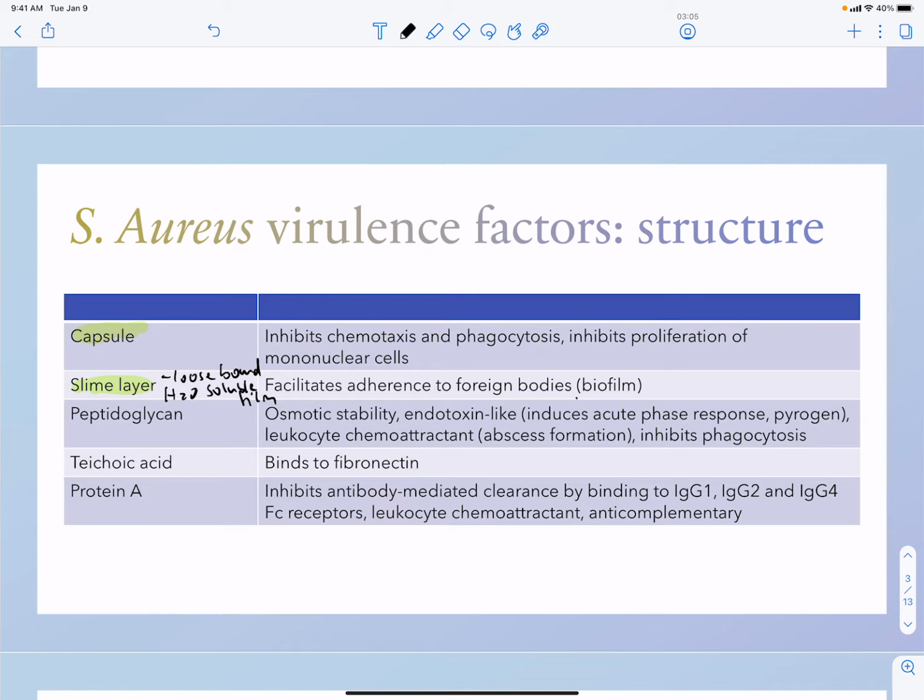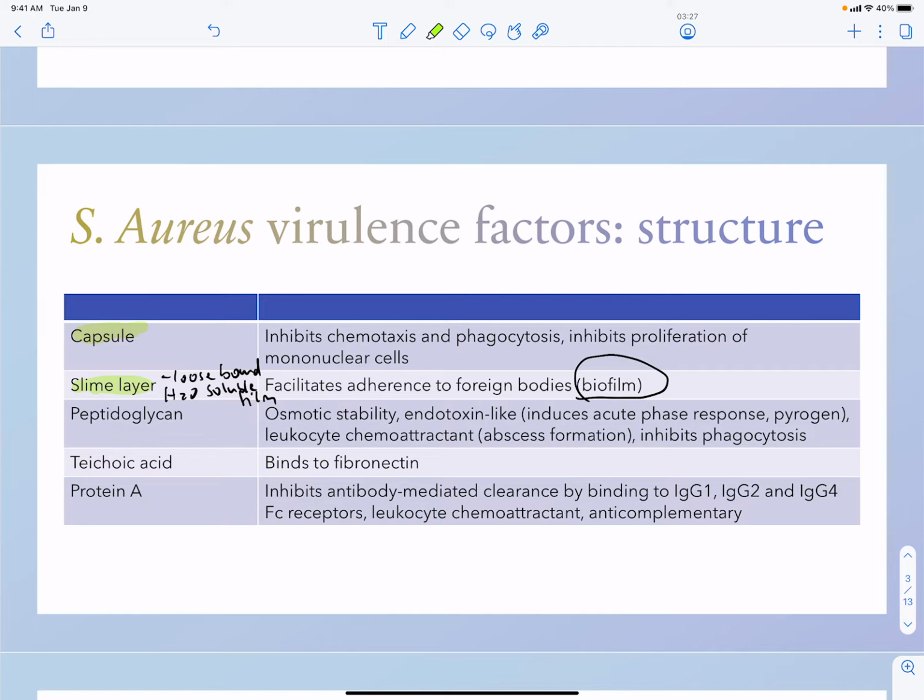And this is, of course, going to be a biofilm. And that's going to be very protective against antibiotics because the bacteria at the edges of the biofilm will be susceptible to antibiotics, but those in the center of the biofilm will be protected. It also has a peptidoglycan, which is going to help with osmotic stability.